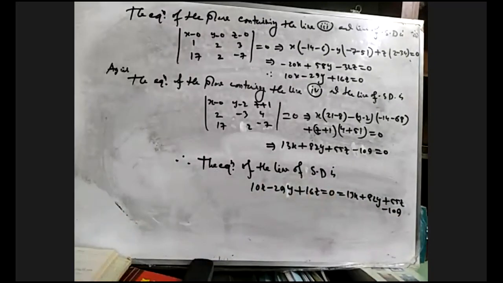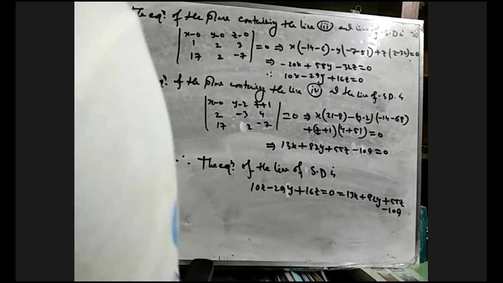Remember it, there is a mistake, and this will be minus 109. This is the required equation of the line of shortest distance.